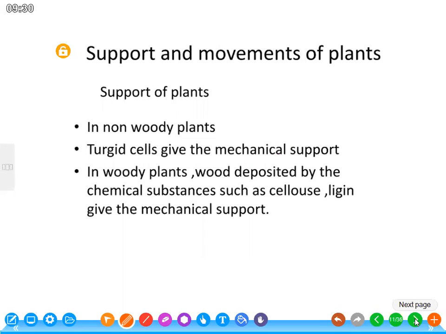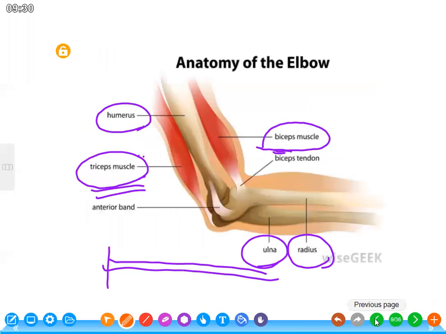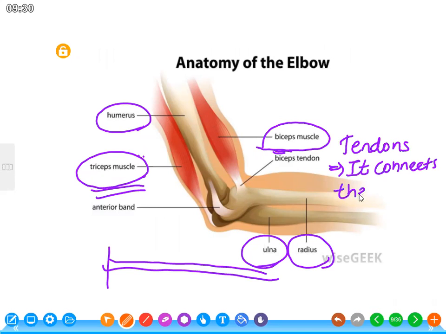Right. So, and also the tendons, it connects the muscles to the bones.